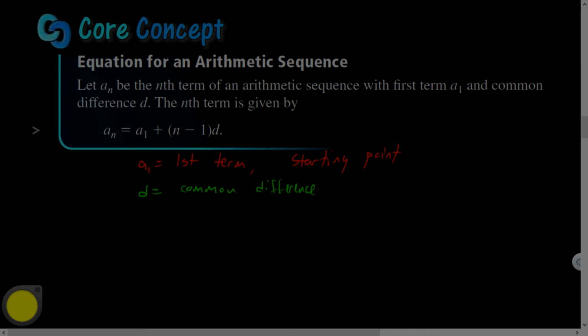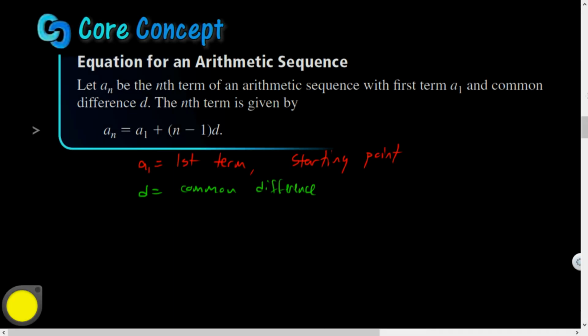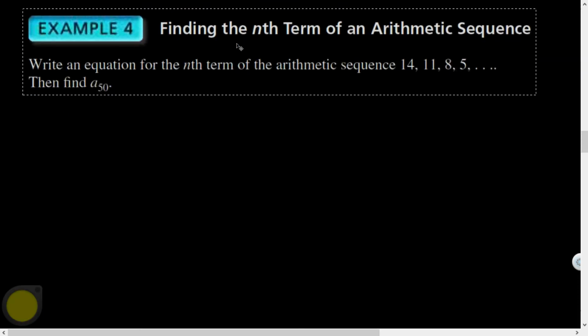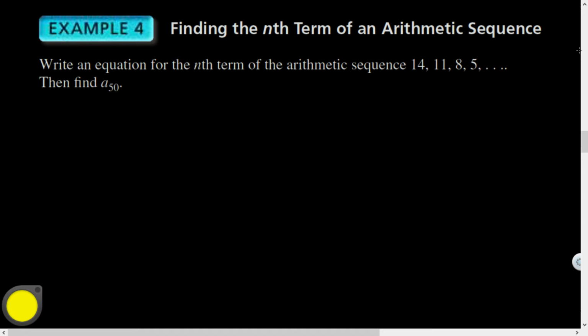This formula is going to be way better than having to repeatedly add or subtract, using algebra to work for us. It says, write an equation for the nth term of the arithmetic sequence as such. Then find a sub 50. So I'm looking for the following things. a sub 50, I don't yet know.